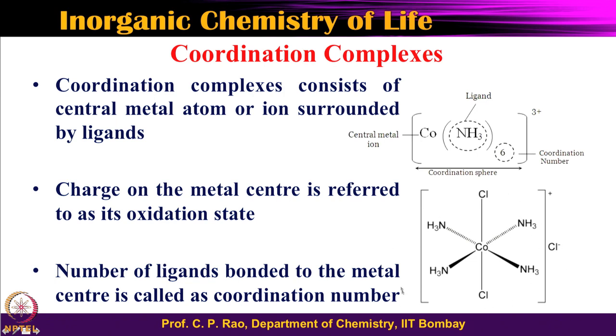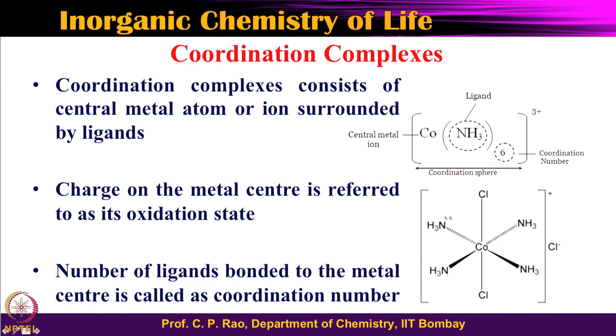As far as Werner's definition of a coordination complex is concerned, those ligands which are directly bonded are called secondary valence. It is not secondary coordination sphere, secondary valence, and those which are outside are called primary valence. So, this will compensate the charge: +1 will be compensated by -1.